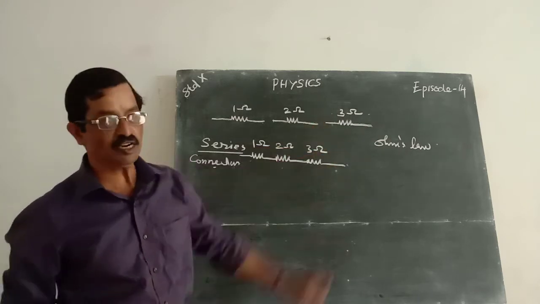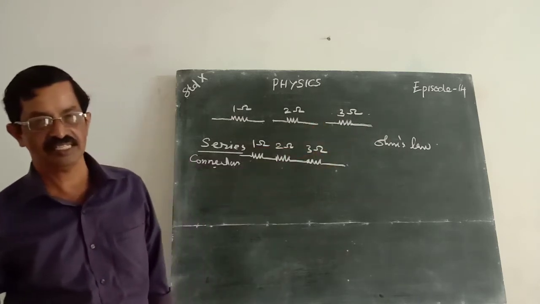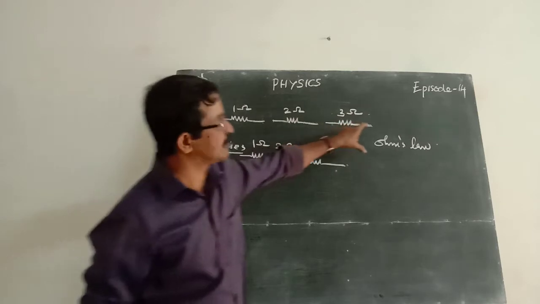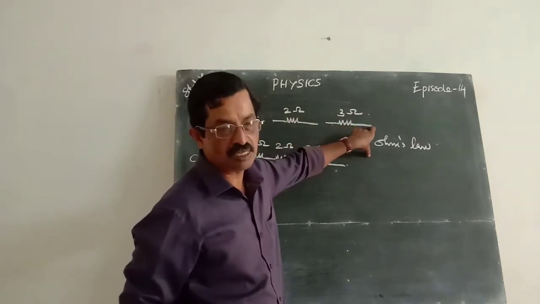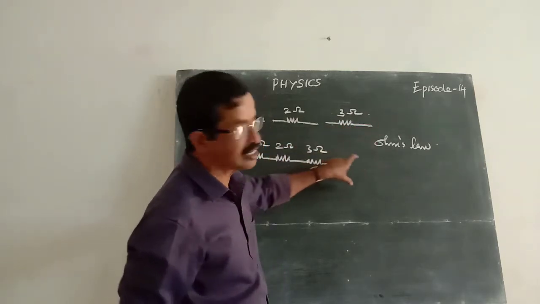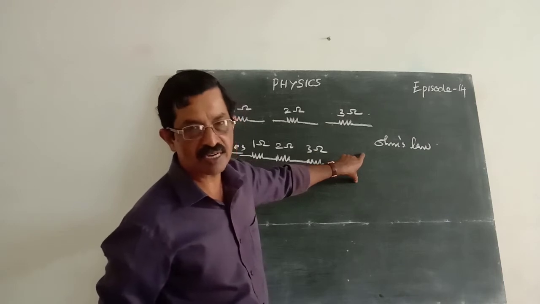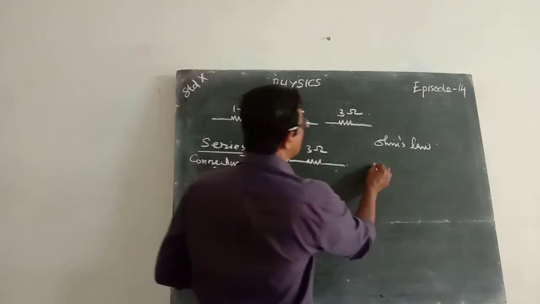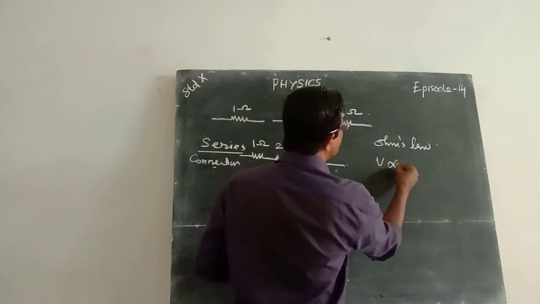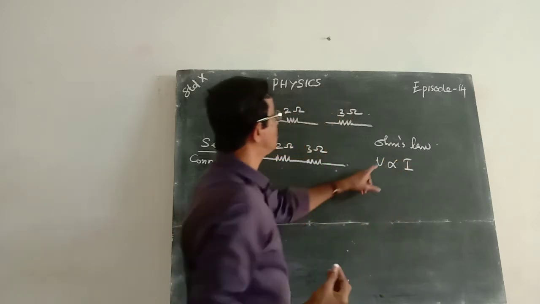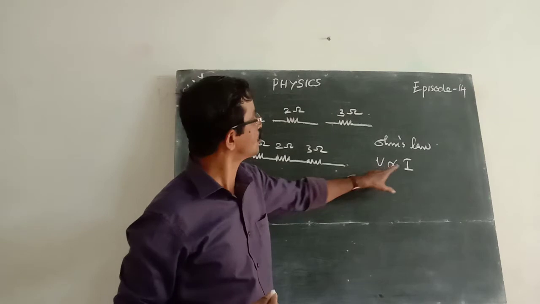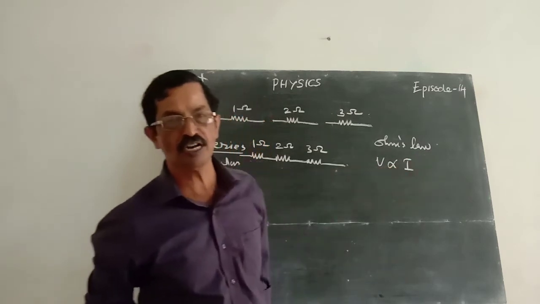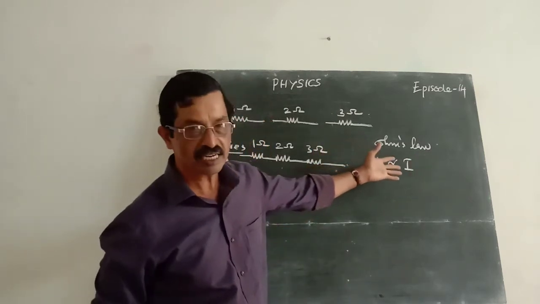What does Ohm's law actually say? From Ohm's law, current through a conductor is directly proportional to the potential difference between its ends. That is, current is proportional to potential difference, or potential difference is directly proportional to current through the conductor.